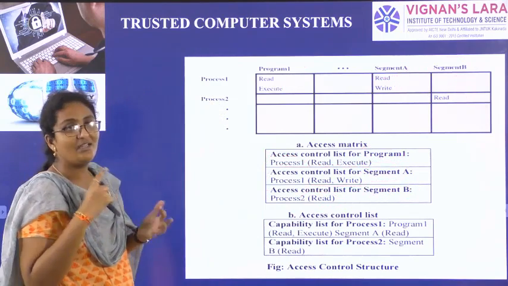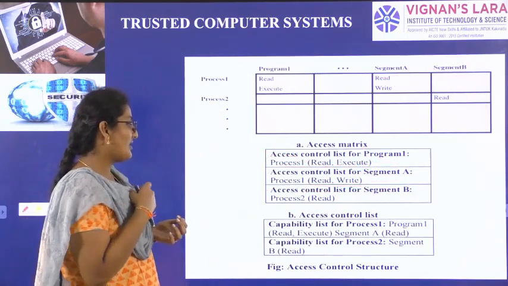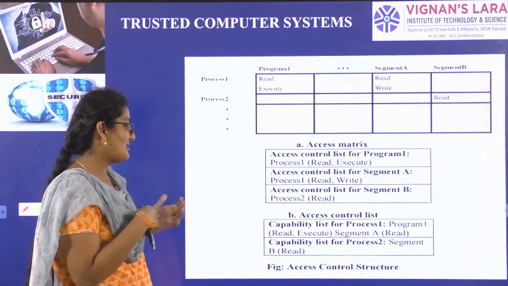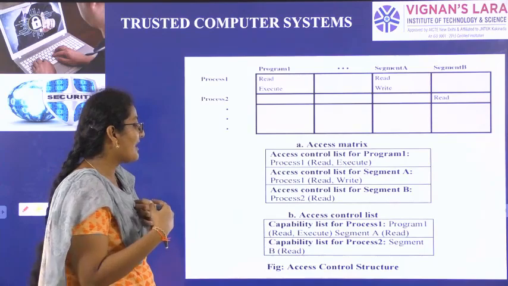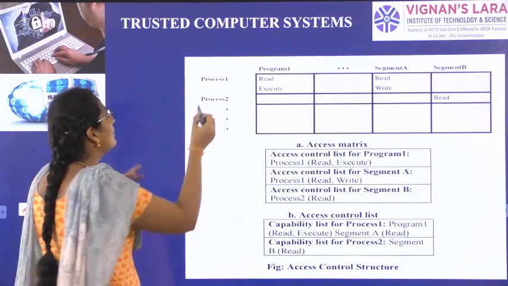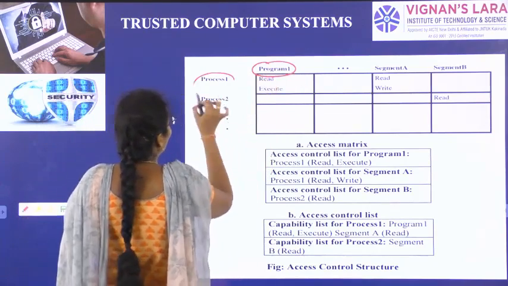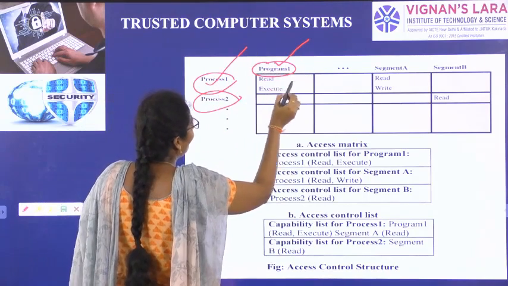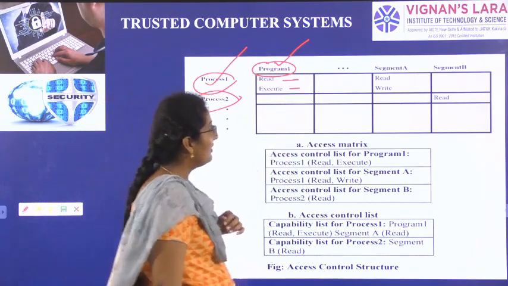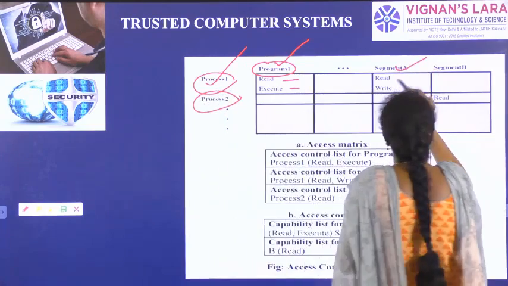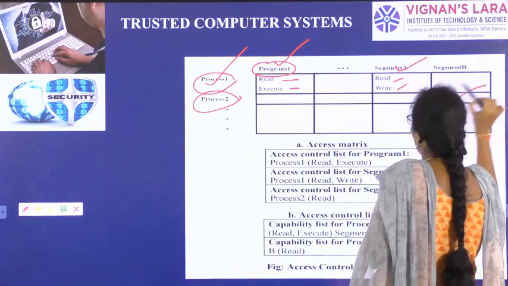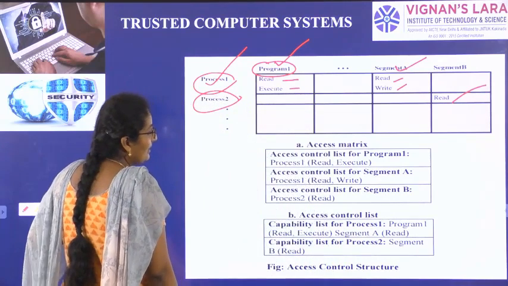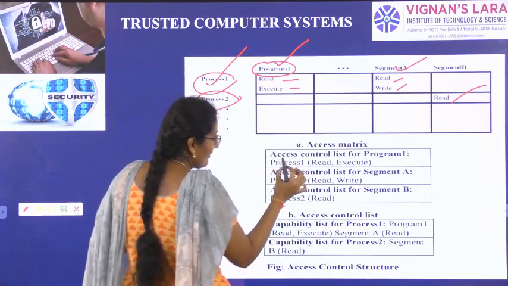So we are constructing the access matrix and the access control list. By combining the access matrix and access control list together, we call it the access control structure. So we have programs and processes. In program 1, for process 1, we have read and execute permission. In segment A, we have read and write permissions. In segment B, we have only read permission. So how am I constructing the matrix?